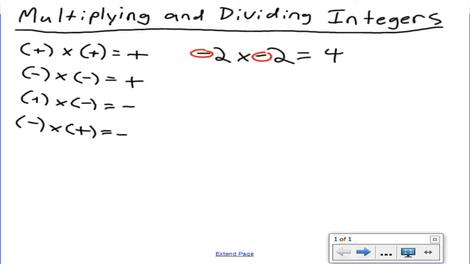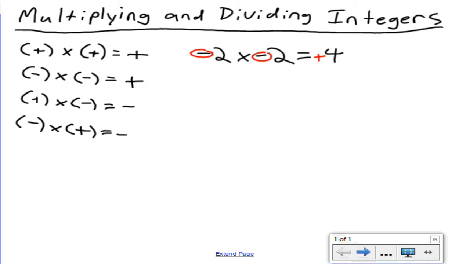Now I know that when I'm multiplying a negative times a negative, my answer is always going to be a positive. Okay? And the same goes if I'm multiplying a positive times a negative.